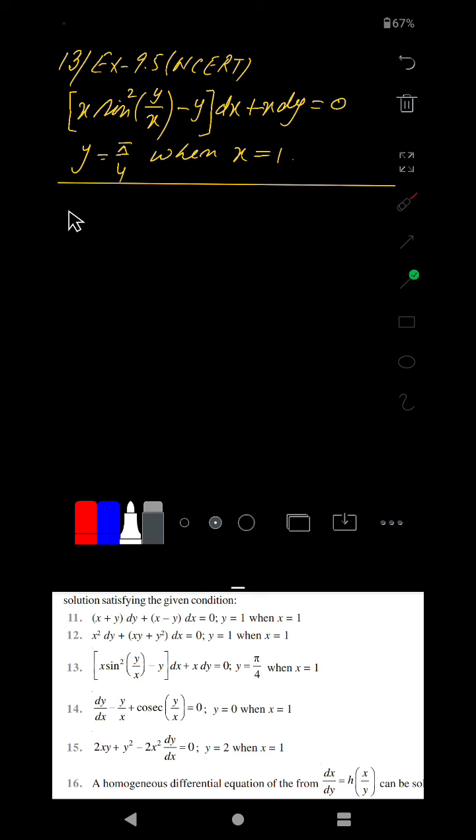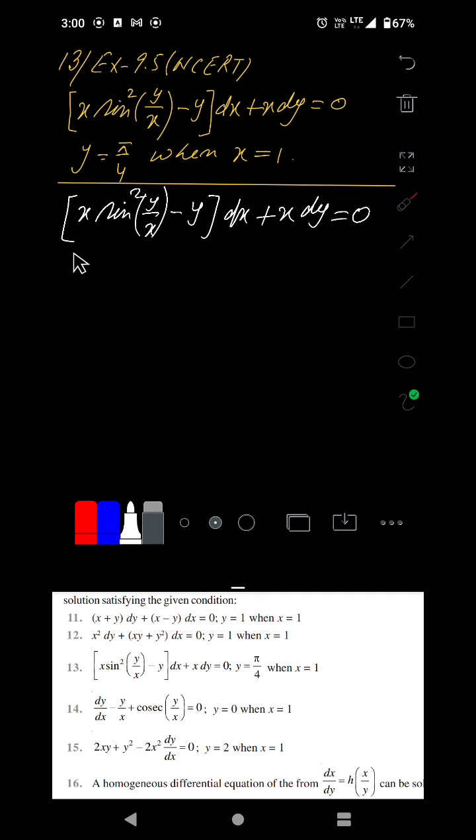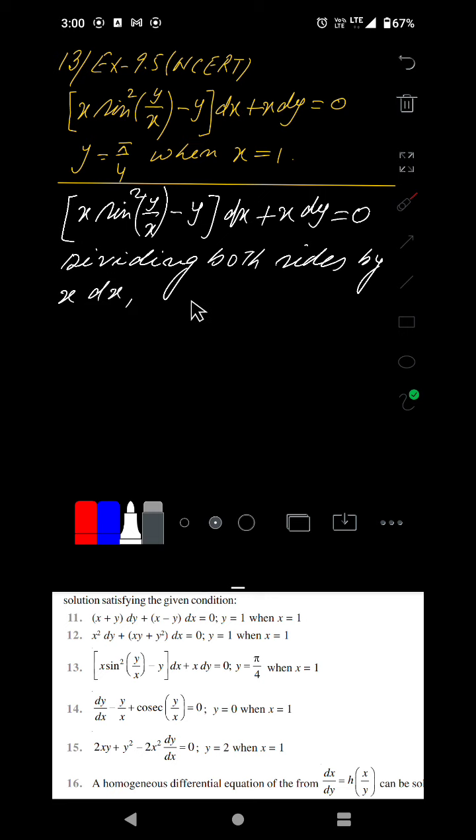So the given differential equation is, now dividing both sides by x dx, we get, in the first term dx will divide dx, so we get 1 outside, and if we divide both terms inside the bracket by x, we have sin²(y/x) left in the first term, and in the second term we have y/x.